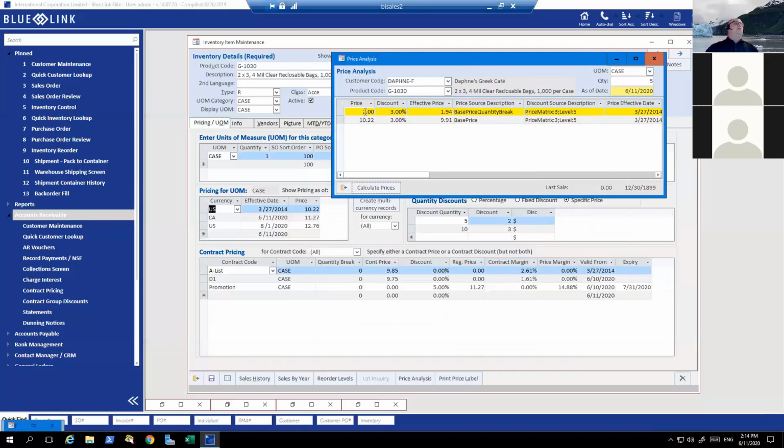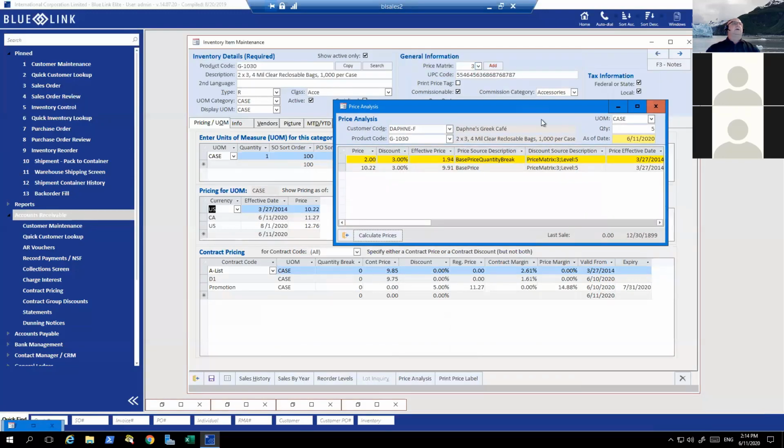So even though it's 2% here or $2 here for the discount level, it's also taking the 3% off of the product matrix, and therefore your end price would be $1.94. So in the system, be very careful and play with your playgrounds to make sure that you know what the specific price is and the way you're going to be setting up.